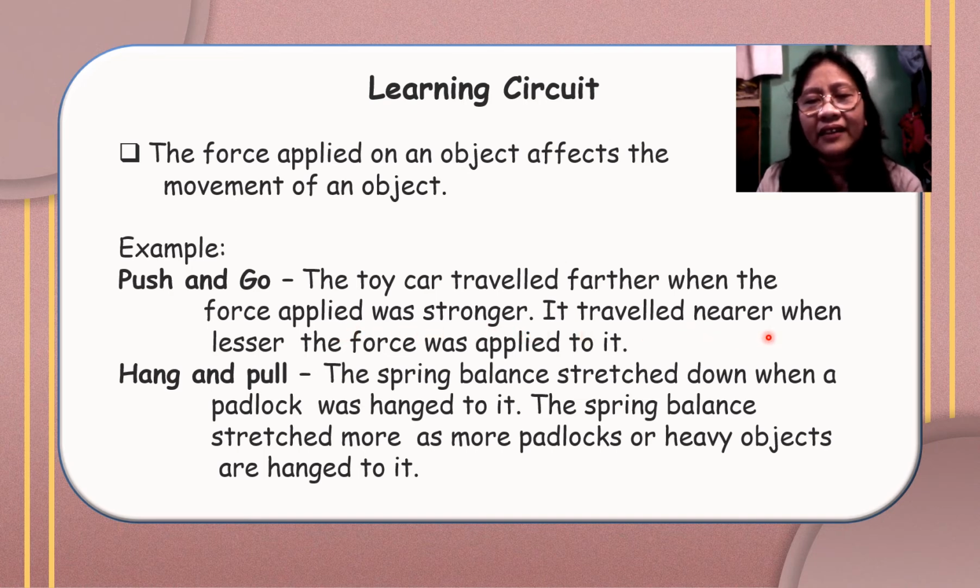It traveled nearer when lesser force was applied to it. Hang and pull. The spring balance is stretched down when a padlock was hung to it. The spring balance is stretched more as more padlocks or heavy objects are hung to it.